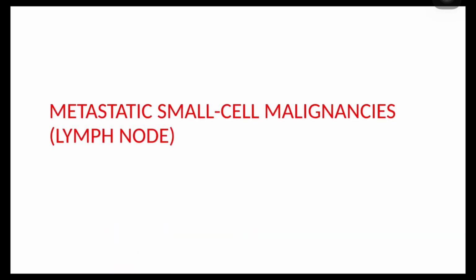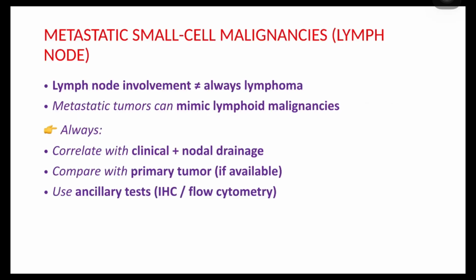Now let's see, other than lymphoma, metastatic small cell malignancy in lymph node mimics lymphoma, and it will give a small to intermediate cell pattern. So metastatic small cell malignancy means lymph node involvement is not always equal to lymphoma.